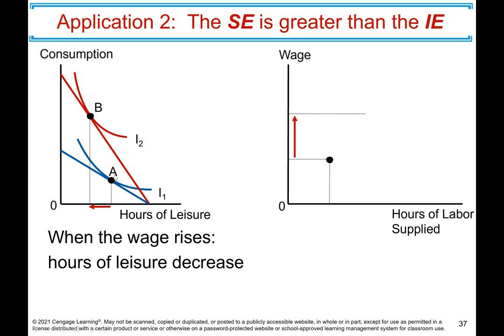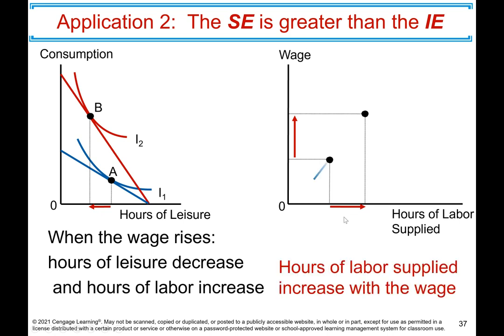People work more from point A to point B. People reduce hours of leisure and work more, and hours of labor increase. Hours of labor supplied increase with the wage rate, a positive relationship.